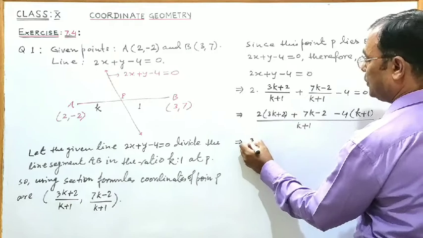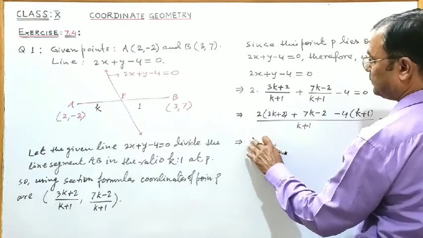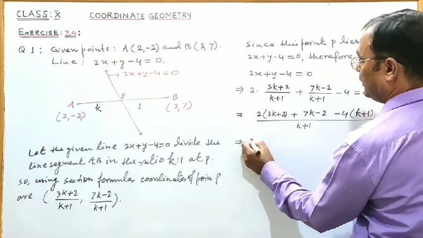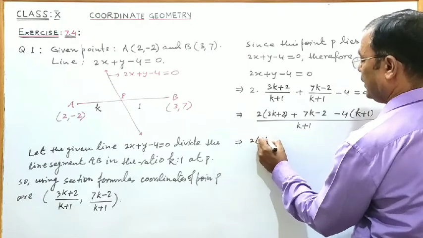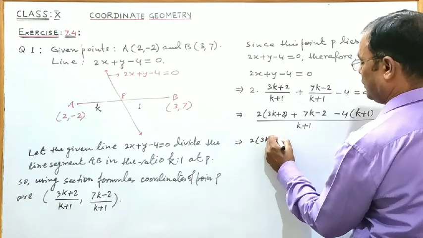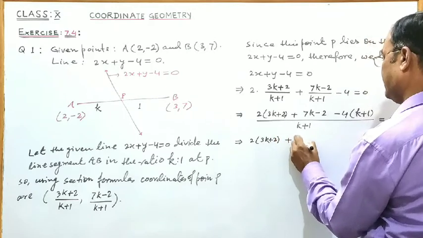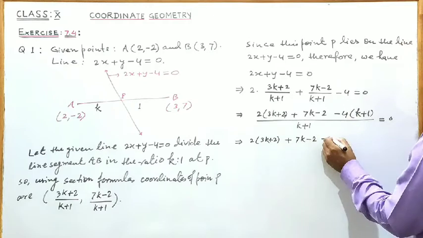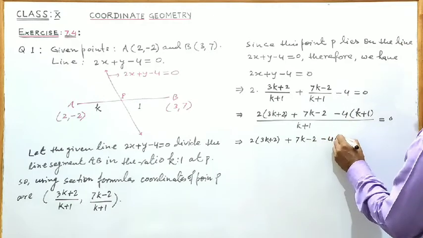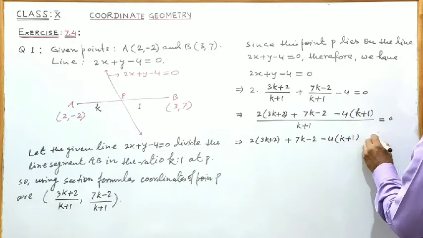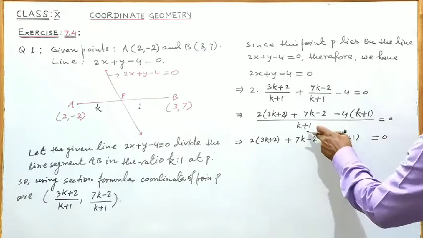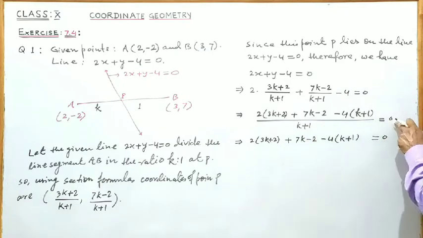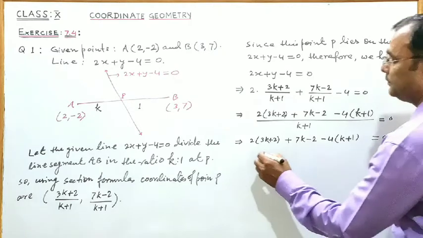This is equal to 2 into (3k plus 2) plus (7k minus 2) minus 4 into (k plus 1) equal to 0, because (k plus 1) into 0 cross multiplied and we got 0 on right hand side.